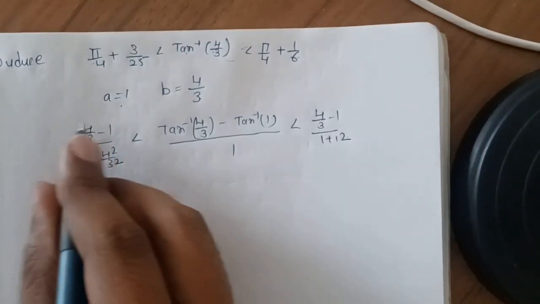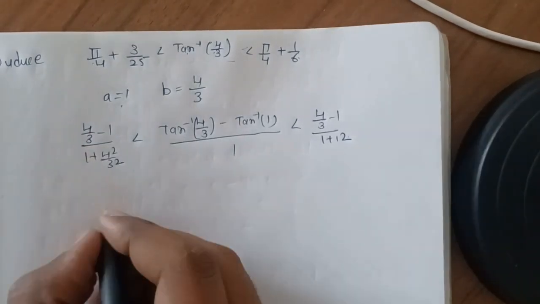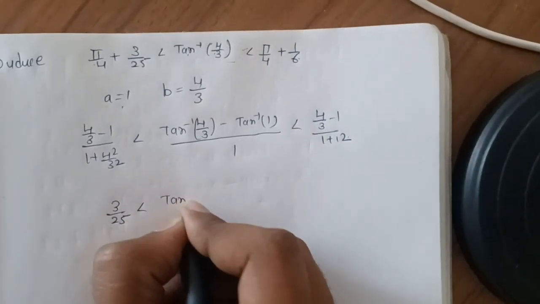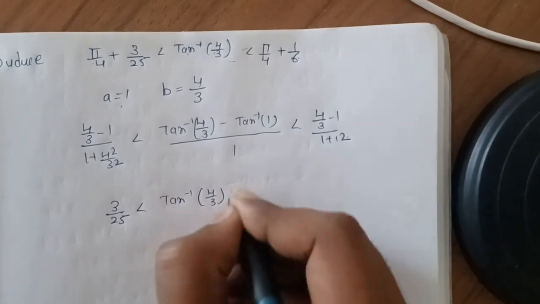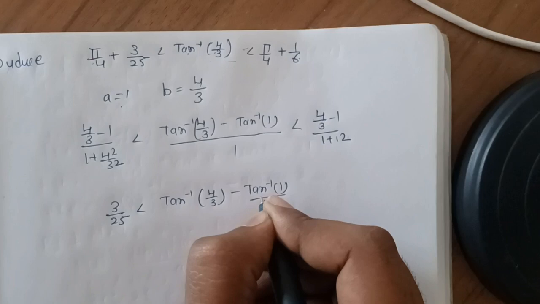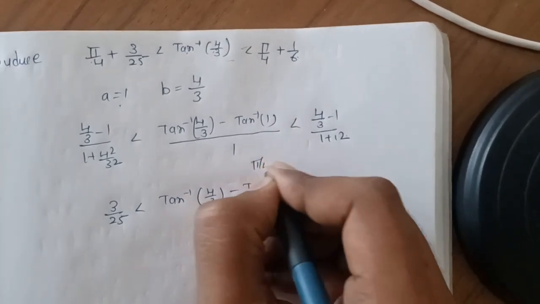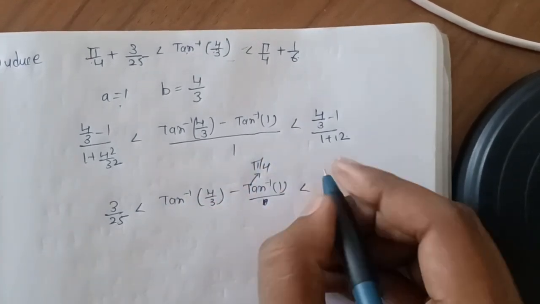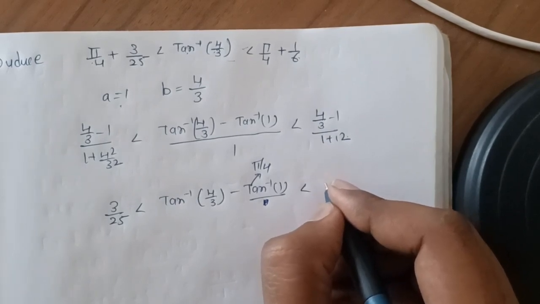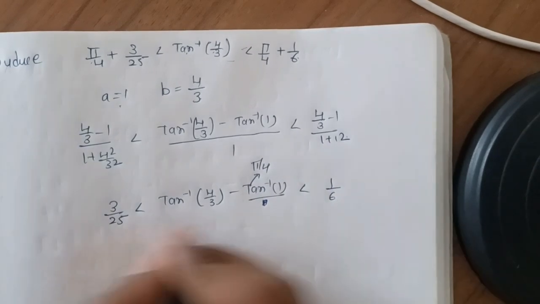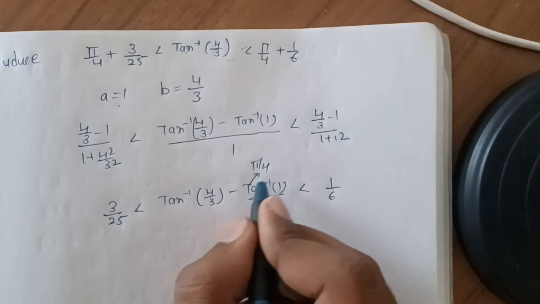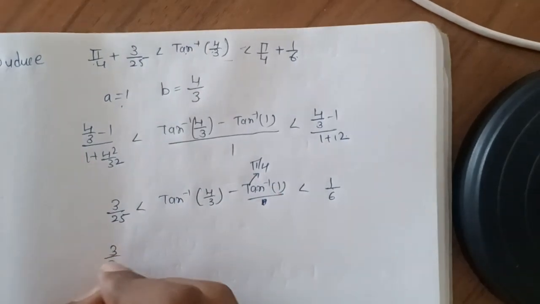By calculating, the whole term becomes 3 by 25, and tan inverse 4 by 3 minus tan inverse 1 equals pi by 4, the total. The next step we have to change, and the next becomes 1 by 6. Then on both sides we add pi by 4 to remove this pi by 4.